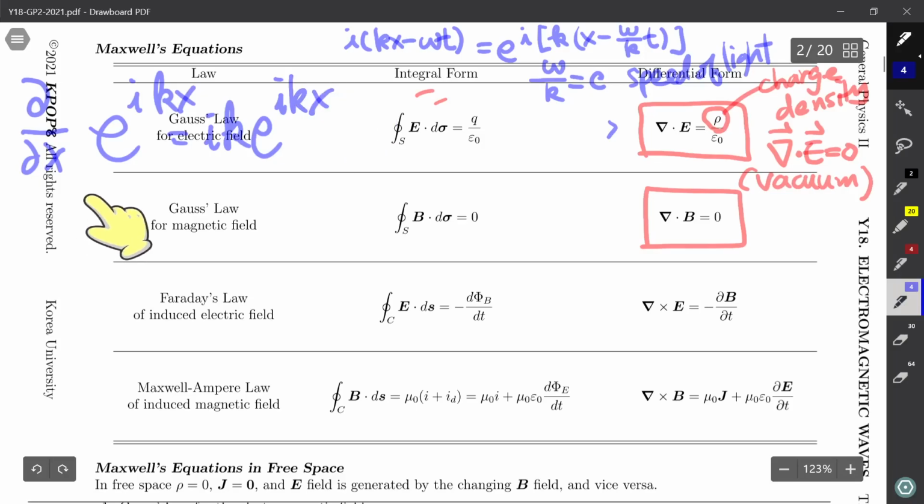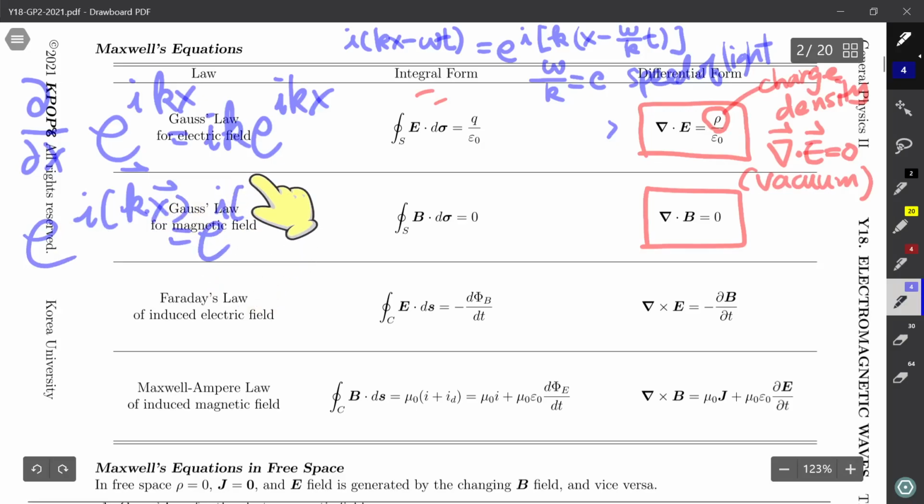In a similar manner, k dot x is k1x1 plus k2x2 plus k3x3.